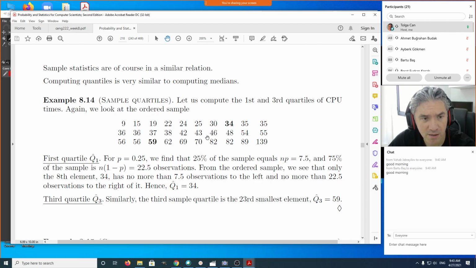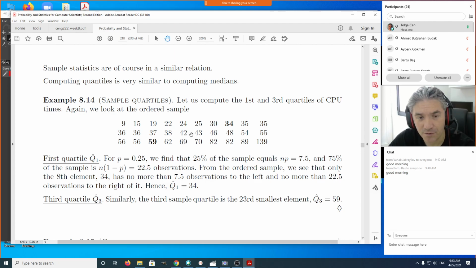So how many data points do we have in the sample? Let's count. 5, 10, 30. So there are 30 data points in this sample, and so the 15th and 16th are in the middle. Any value between 42 and 43 is the median.